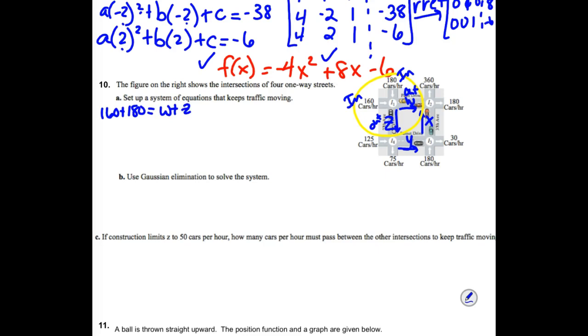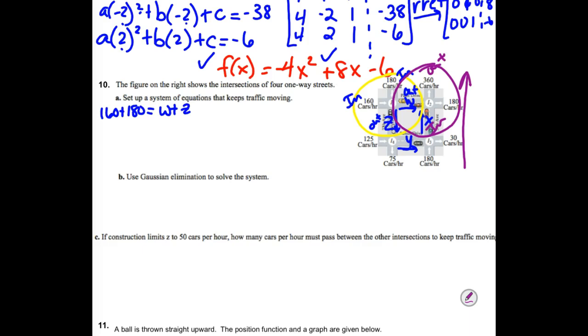Okay, now shift to the next intersection. Now we're looking at this. Okay, what's going in? The 360 is not going in. Look at the direction of the cars moving. The cars are going this way. So what's going into that intersection is X, and this is what's coming out.